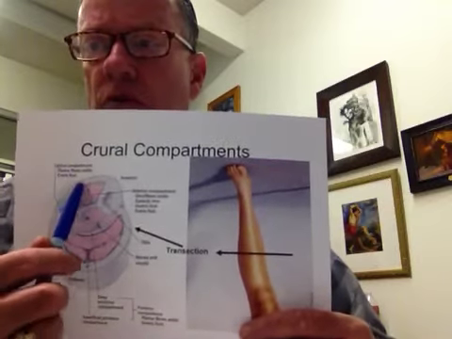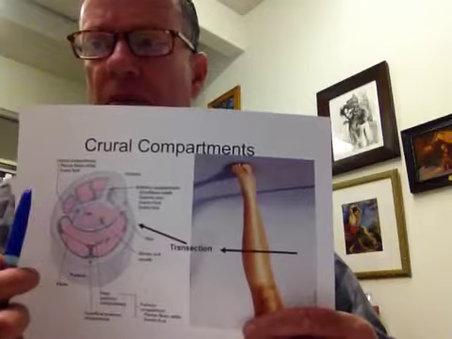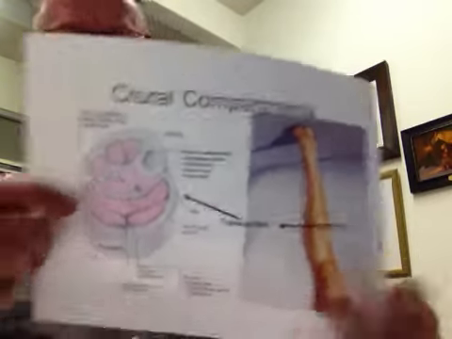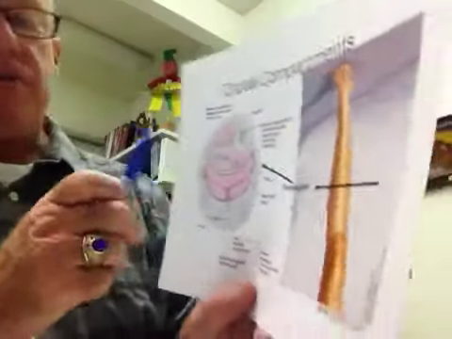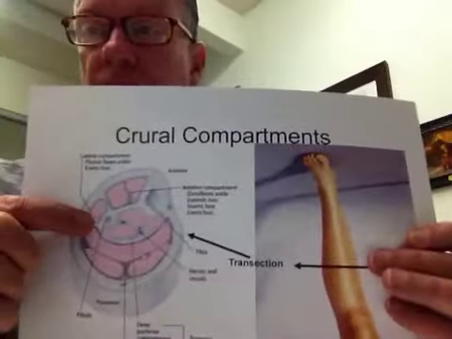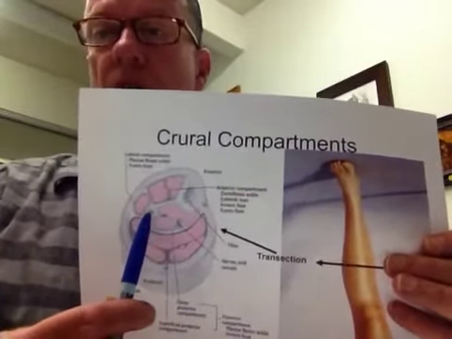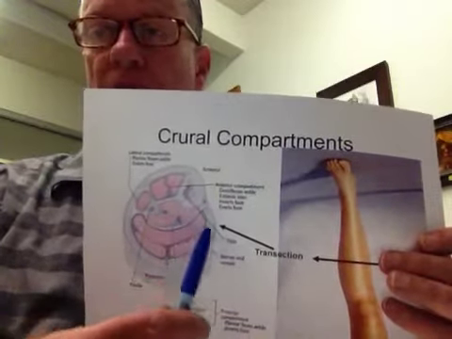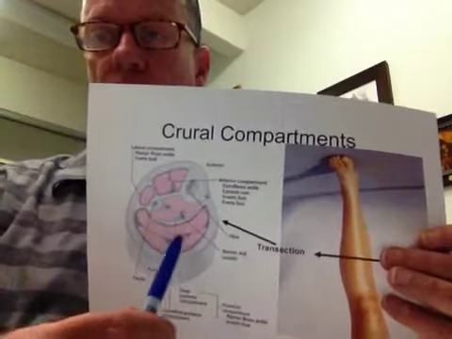And this forms the anterior compartment. I'll come back to that neighborhood and talk to you about that. And then the lateral compartment is comprised of the peroneals, and then there are two posterior compartments. One of them is deep and the other is superficial.